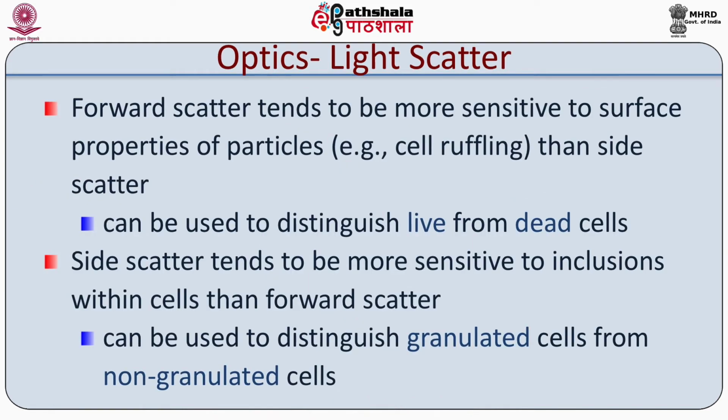The difference between the two is summarized here. Forward scatter tends to be more sensitive to the surface properties of the particle and is generally used to distinguish live from dead cells, whereas side scatter tends to be more sensitive to the internal complexity and therefore is used for distinguishing granular from non-granular cells.